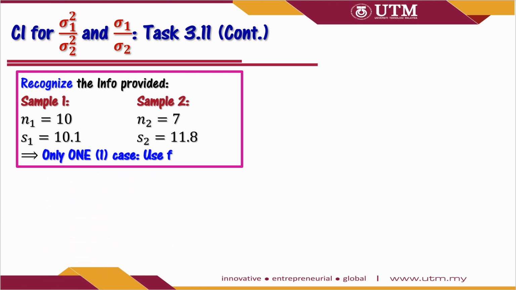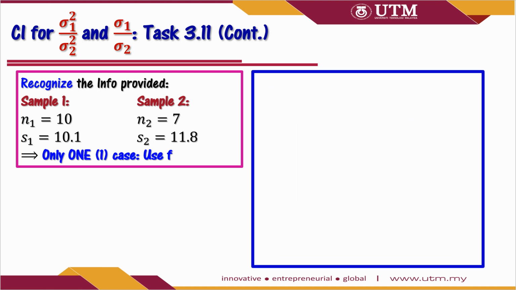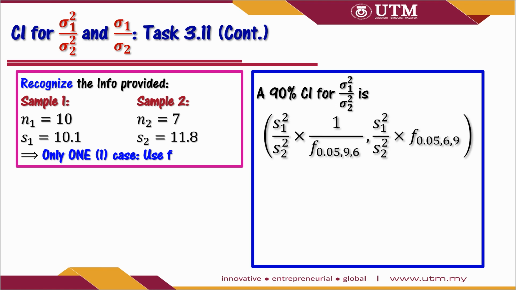In order to construct the confidence interval for the ratio of the standard deviations, like in this example, we can first construct the confidence interval for the ratio of variances. Here, the 90% confidence interval for sigma 1 squared over sigma 2 squared is given by this formula.